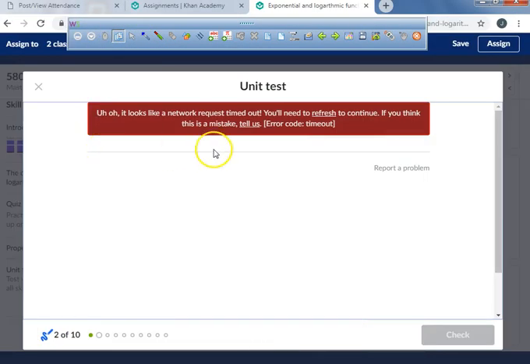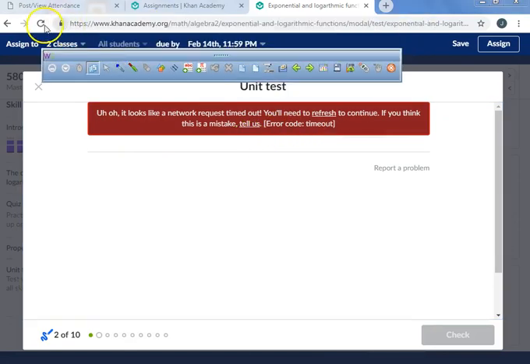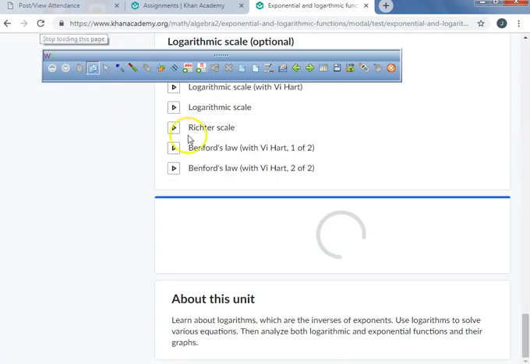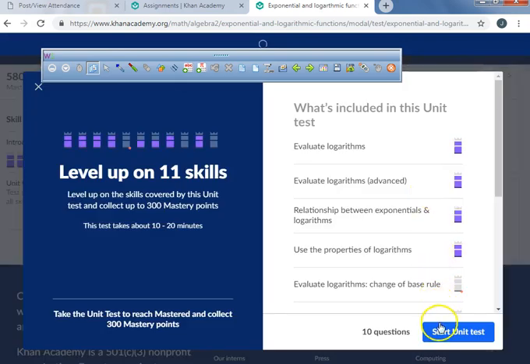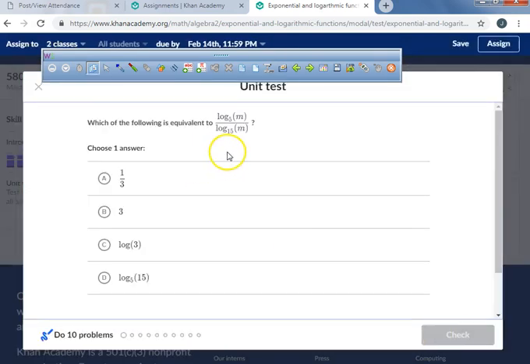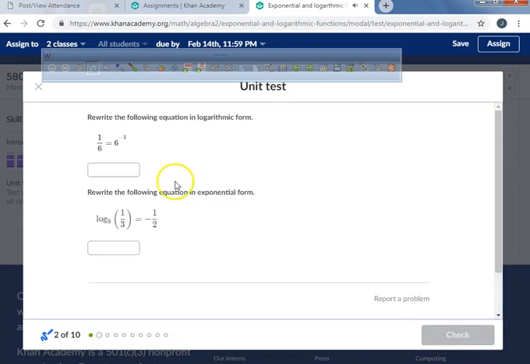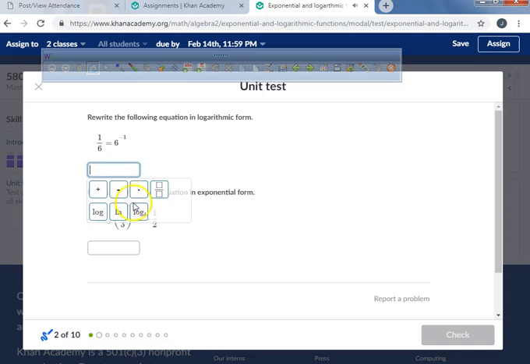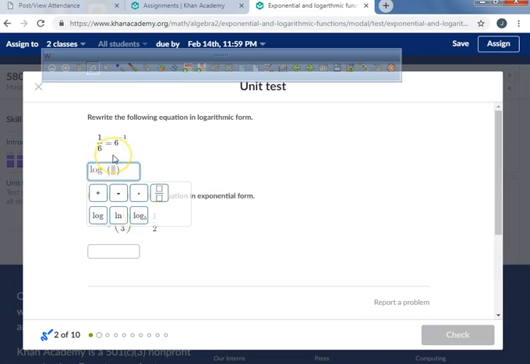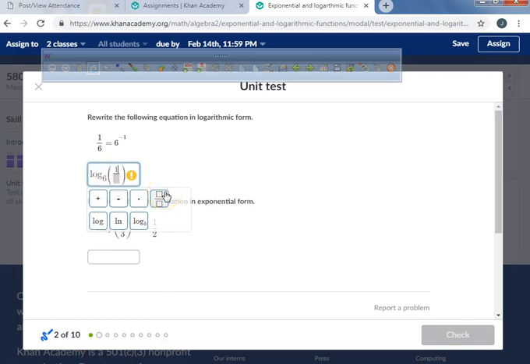So, got to refresh. I already did that one. There we go. So I'm going to type in log base 6, 1 divided by 6 equals negative 1, because 6 to the power of negative 1 equals that.